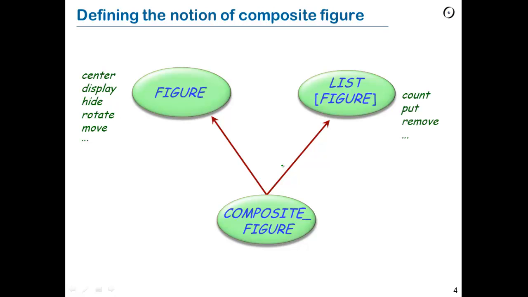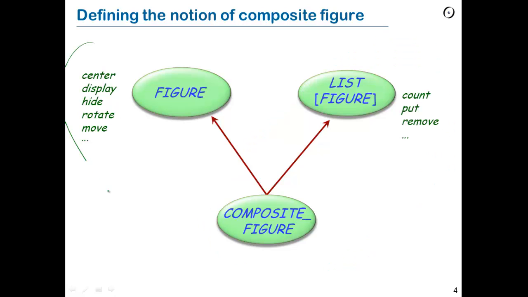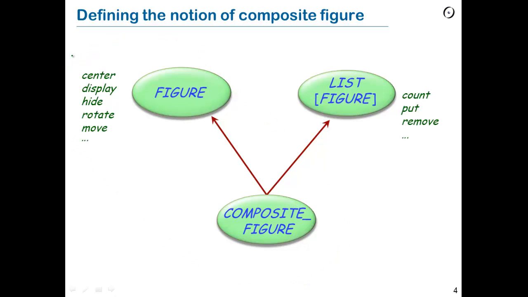Let me model it as a list, meaning that we remember the order in which we selected the elements of a composite figure. So a composite figure is also a list of figures in the same way that it is a figure. This is a quite typical example of multiple inheritance.